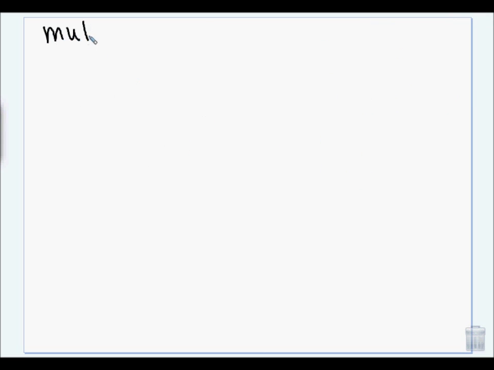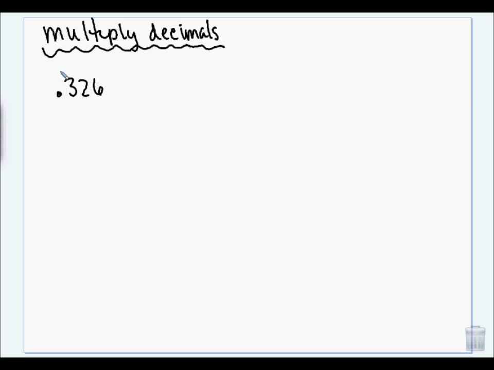Multiplying decimals. Remember, parentheses indicate multiplication. So I'm going to set this up as I would a normal multiplication problem, and I'm going to ignore the decimals until the very end.